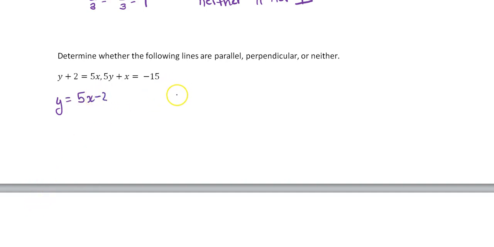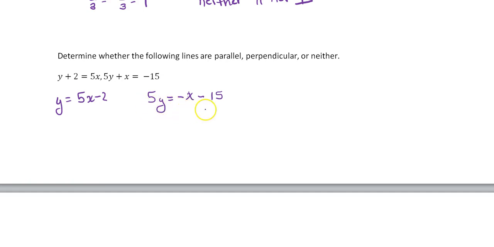And in this case, I have 5y equals negative x, or negative 1x if you prefer, minus 15.